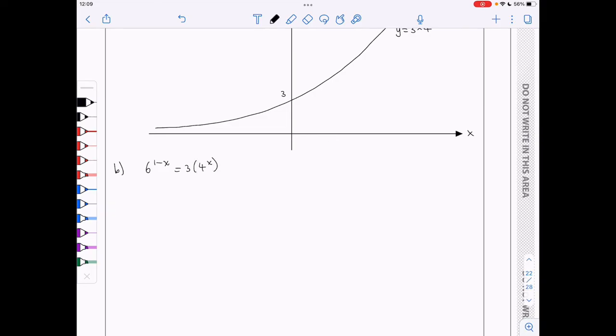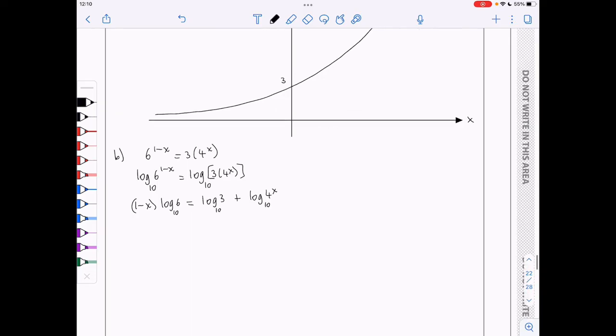It makes sense to take logs of both sides. So log of 6 to the 1 minus x base 10 is log of 3 times 4 to the x base 10. So (1 minus x) log 6 base 10 is equal to log of 3 base 10 plus log of 4 to the x base 10.